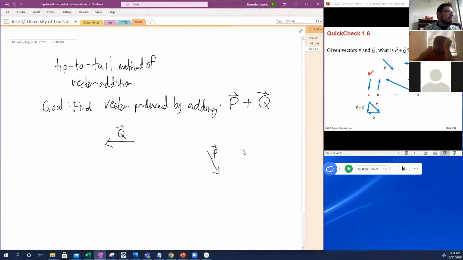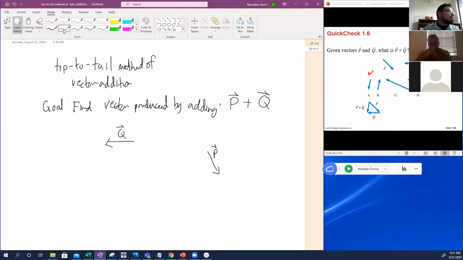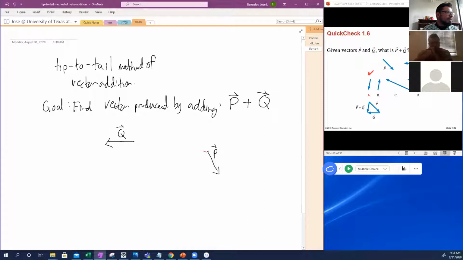And when you label the parts, like I said earlier, this is always going to be the tail end of one, that's going to be the tip. Similarly, vector Q also has a tail and a tip. And so in tip to tail method, you're going to take the tip of P with the tail of Q.